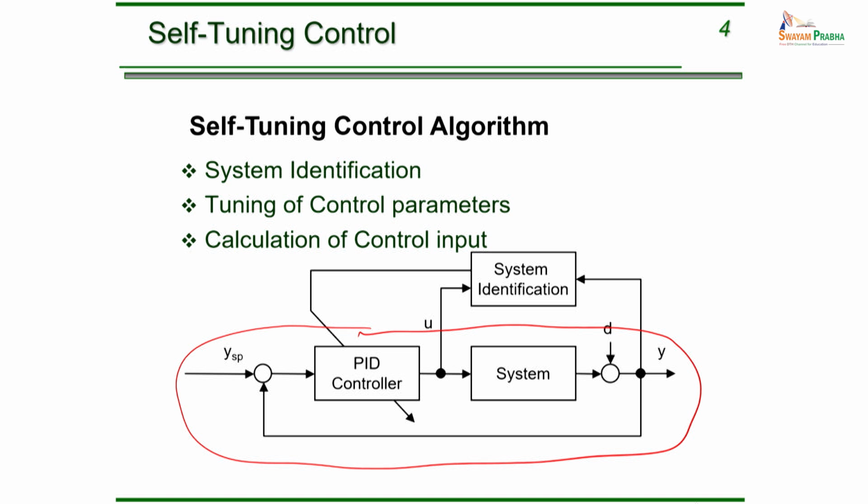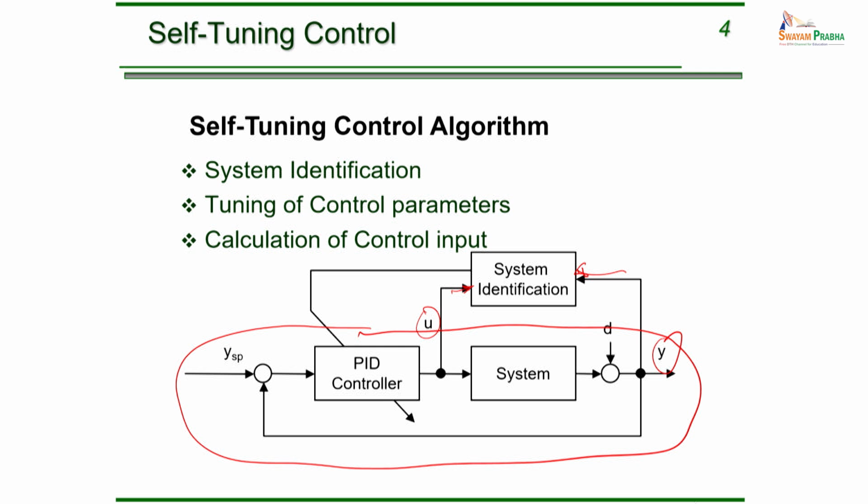and what we do using self-tuning control is collect input and output data. We feed that into a system identification block. We do online identification, as I explained in an earlier presentation, using the idea of recursive least squares.